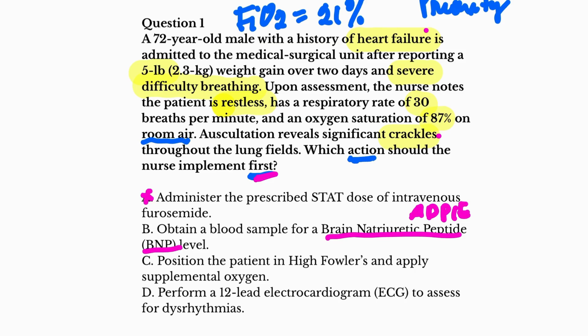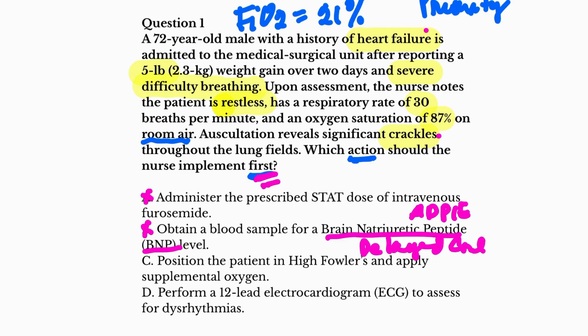So now this is the process wherein we call delayed care. You could have been doing something already to help with the patient, but you opted to call the lab and stuff like that. So in this particular scenario, letter B is not the correct answer. Now, it is a correct answer, but it's not the correct answer. That's not the priority. That's not the first thing you need to do.